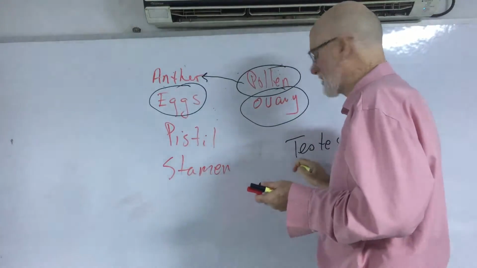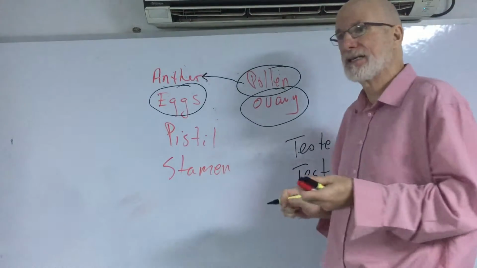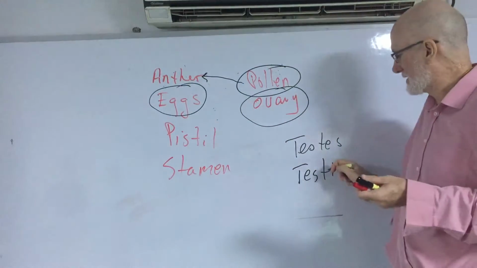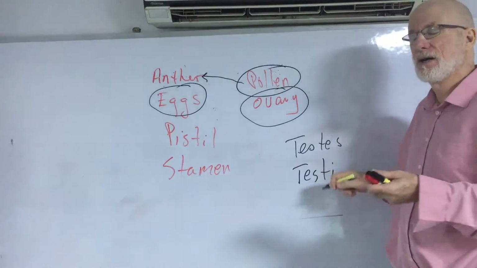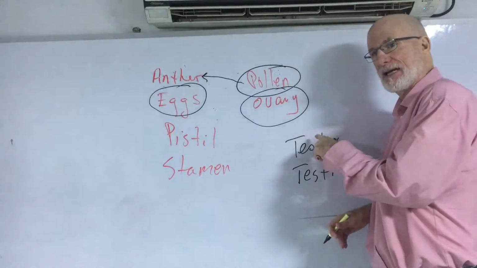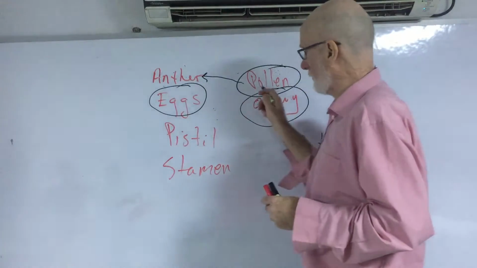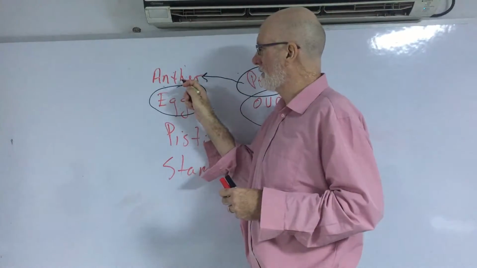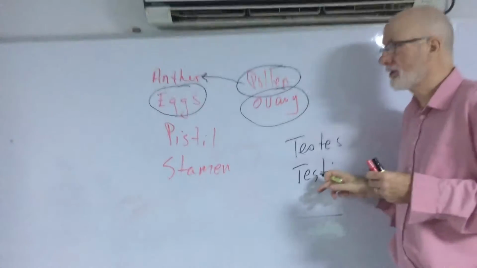Testicles. Testes is plural. Testicle is another way to say it, but testicle is singular, testes is plural. Okay? So the anther is sort of like the testes, correct?